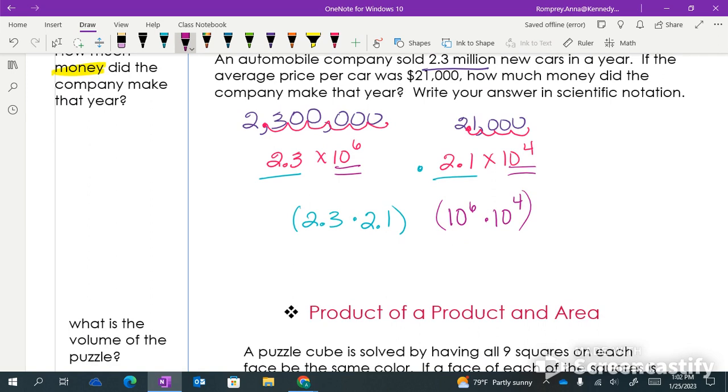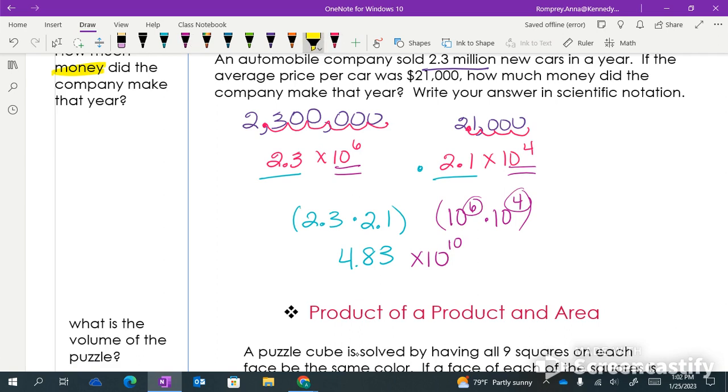So 2.3 times 2.1 gives me 4.83. And then times 10 to the, well, when multiplying and they have like bases, MADSIM tells us multiplying, we add the exponents. So 10 to the 10th.